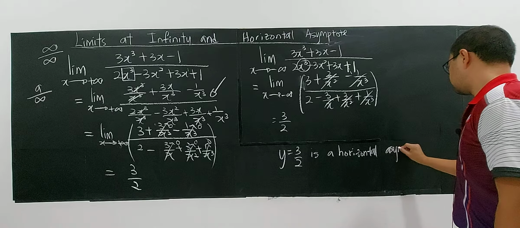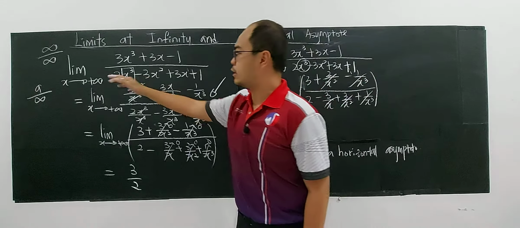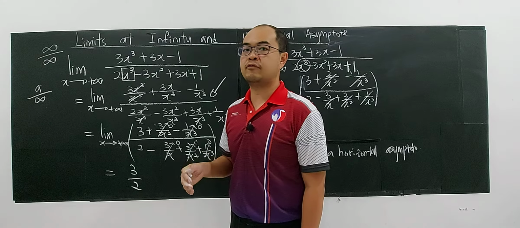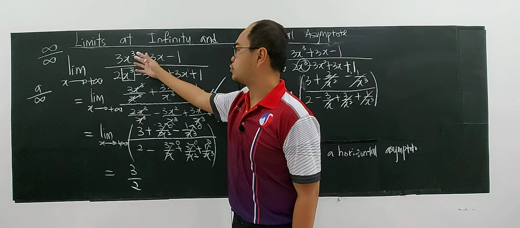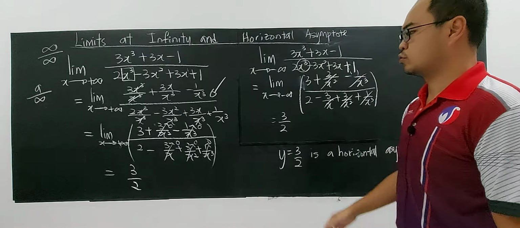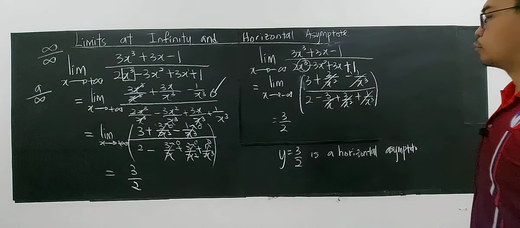So if you evaluate the limit at infinity, this will be the value here. But if the question asks what is the horizontal asymptote for this case, the horizontal asymptote will be 3 over 2.